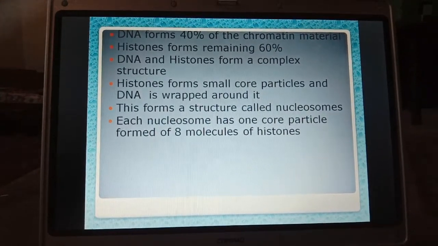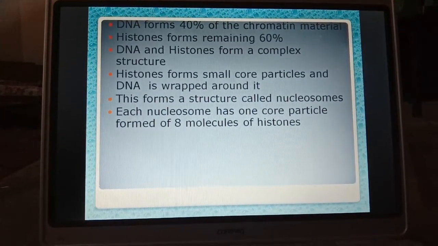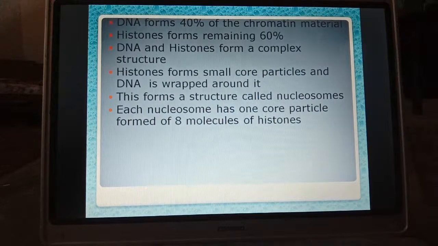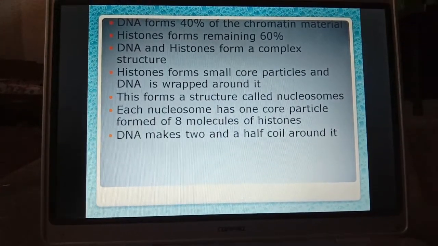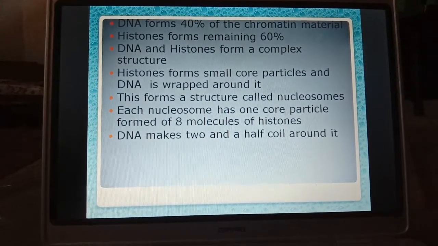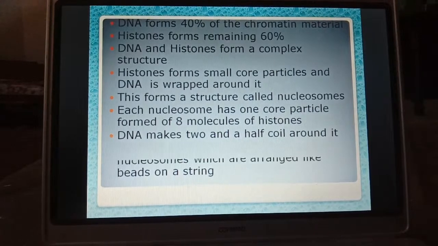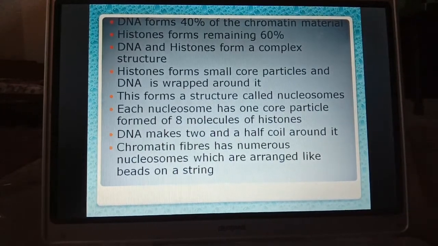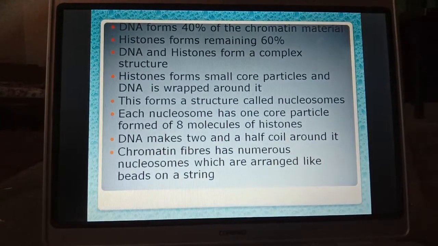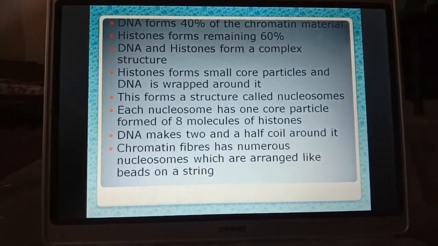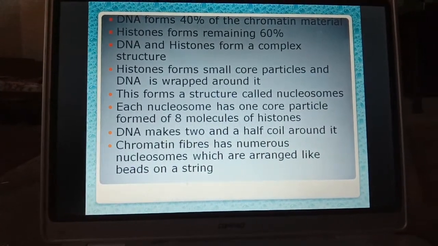Each nucleosome has one core particle formed of 8 molecules of histones. DNA makes 2.5 coils around it. Chromatin fiber has numerous nucleosomes which are arranged like beads on a string. I have given you the example of a pearl necklace.